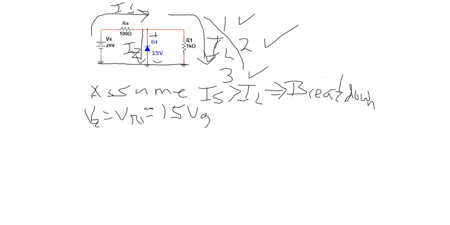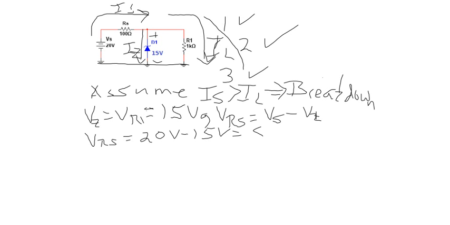So that means by Kirchhoff's voltage law, the voltage across RS, the supply resistor, that's what the S stands for, is the supply voltage minus the diode voltage. And in this case, that'll be 5 volts.